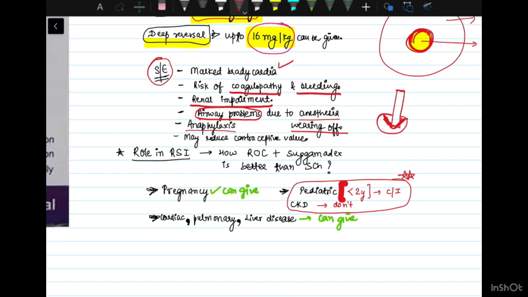Then anaphylaxis is very common with Sugammadex. Remember, in anesthesia, muscle relaxants like vecuronium and rocuronium are the most common agents for anaphylaxis, which is very surprising because you're using them so often. But yes, this is a fact that neuromuscular blocking agents are the most common cause of anaphylaxis. Now, suppose you gave rocuronium and the patient had a reaction.